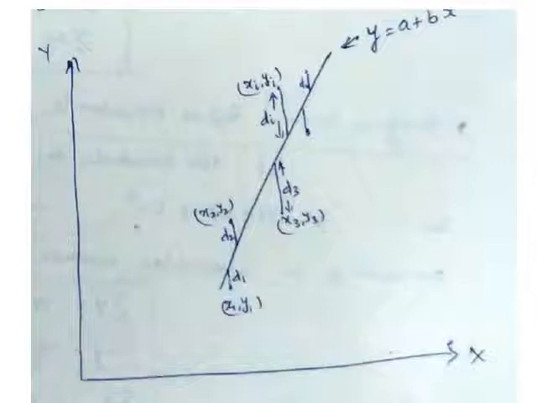In the method of least squares, we need to find the minimum of the sum of the squares of these deviations. The d we have noted here, we are calling a deviation.